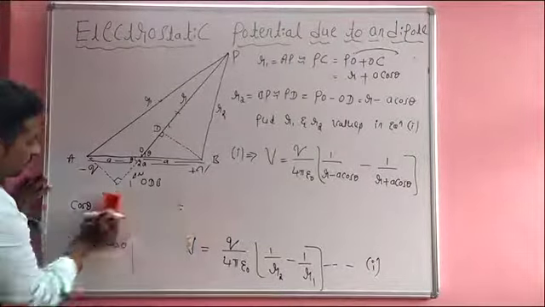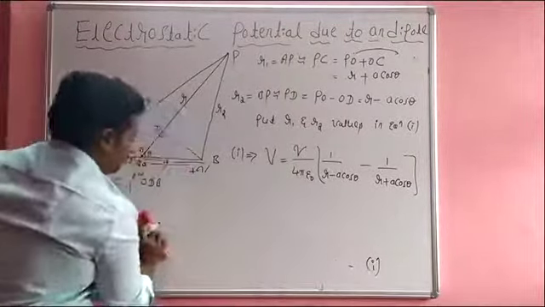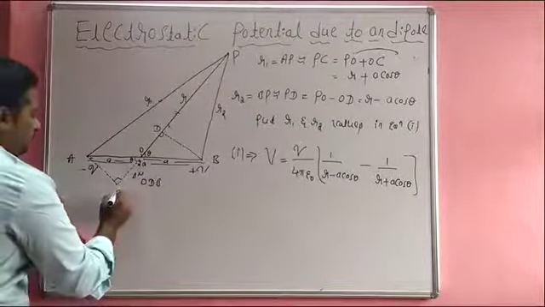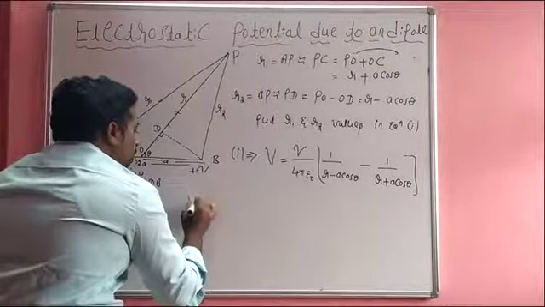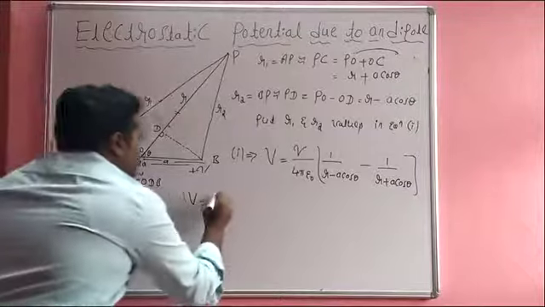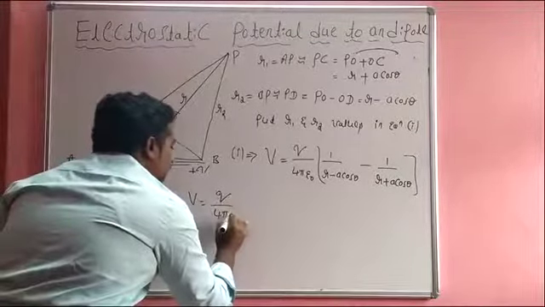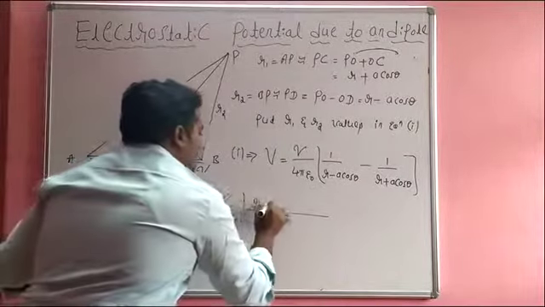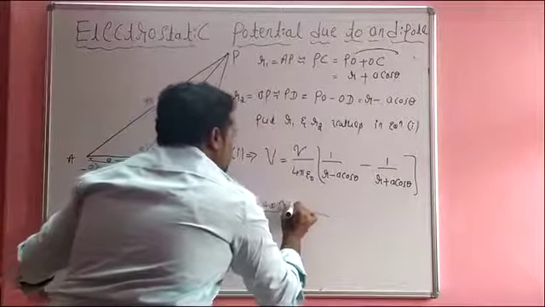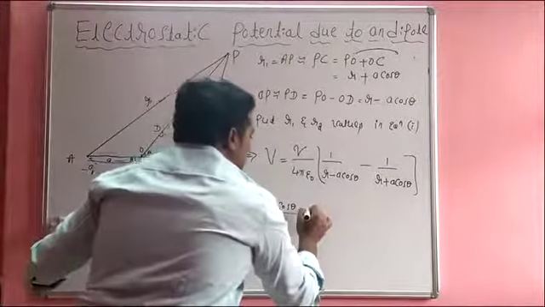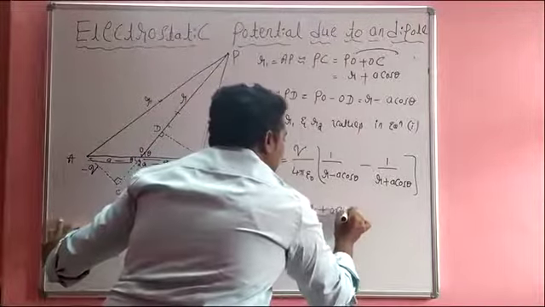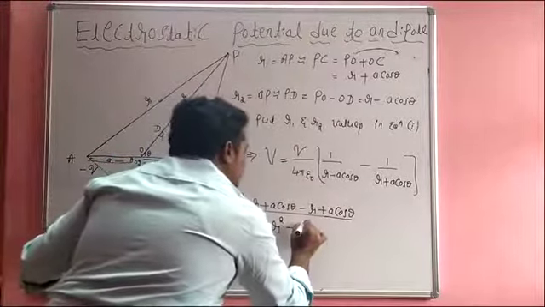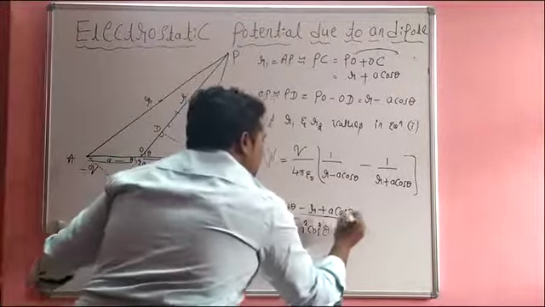Okay, so make the notes. Then V is equal to Q divided by 4 pi epsilon naught, simplified: R plus A cos theta minus R minus A cos theta, divided by R square minus A square cos square theta.